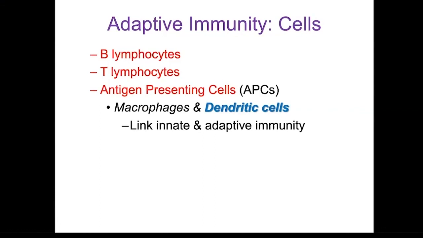Macrophages and dendritic cells will have MHC class IIs, but because they have nuclei, they will also have MHC class Is. So all cells would have MHC class Is except for mature red blood cells. B lymphocytes, recall, have MHC class IIs. We're going to see how B lymphocytes are actually going to present antigens to helper T cells, and we'll look at that relationship later.